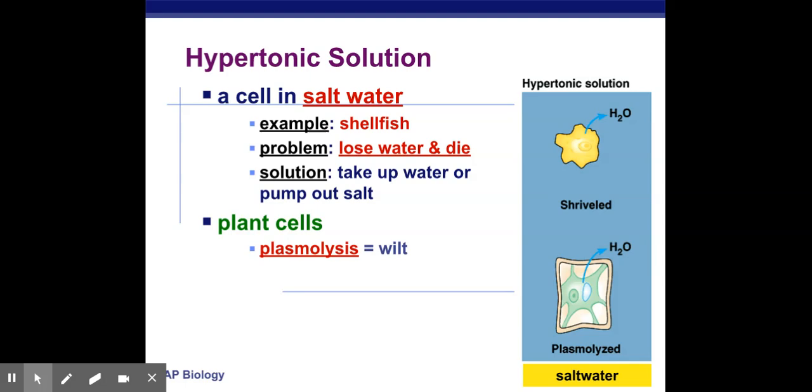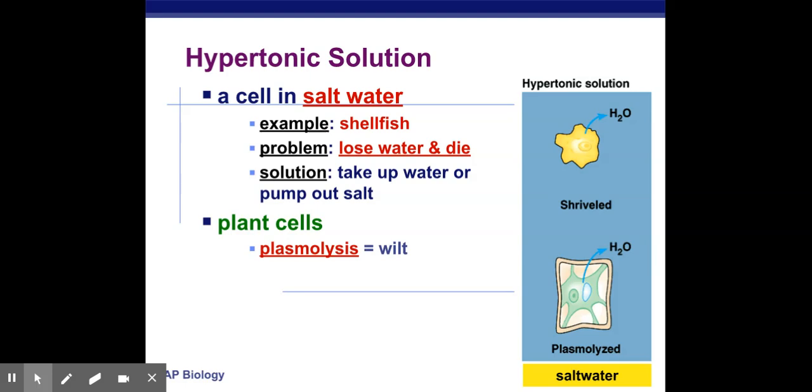Plant cells are a little bit different. A great example of plasmolysis is if you forget to water your plants for a couple of days, they don't immediately go to dying, right? They go to wilting, this kind of in-between. When these plants start to run out of the internal water they're normally used to, they start to undergo plasmolysis, and the cell membrane begins to shrink.